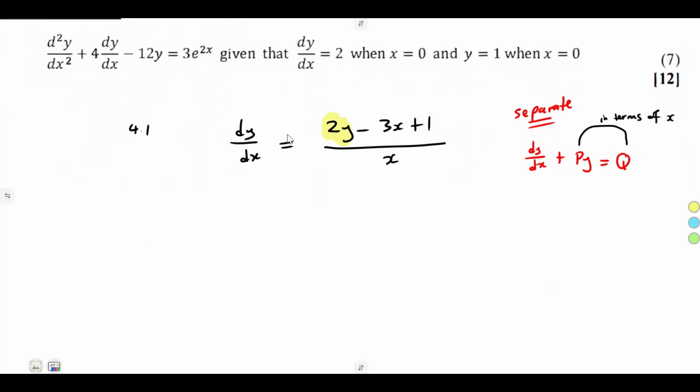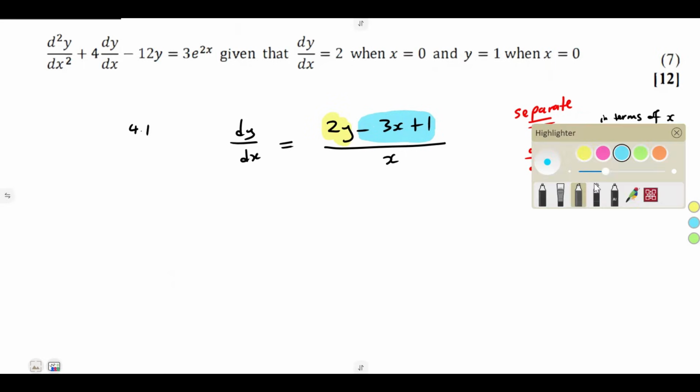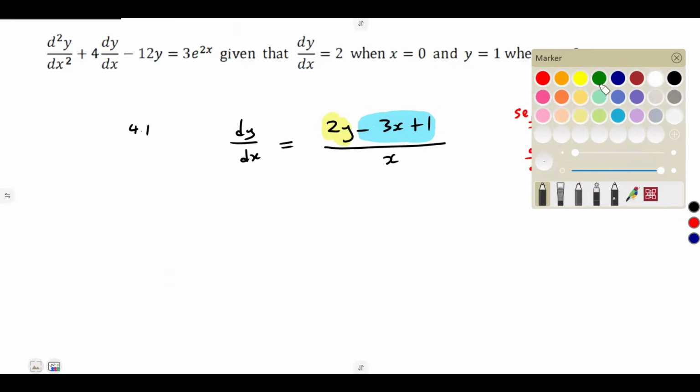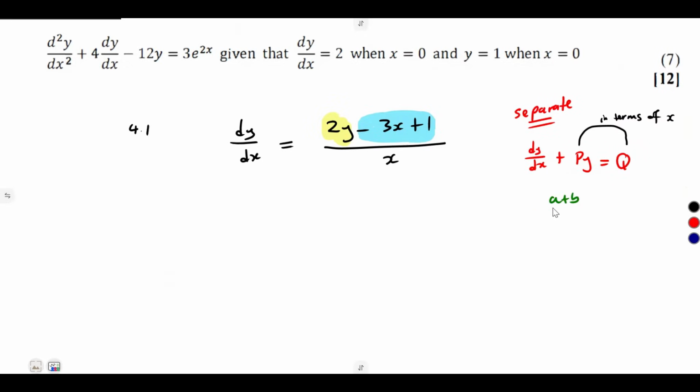So we can take the remaining part as a single term. It is an expression, but we are going to treat it as a single unit so that we can separate. Remember, I explained before, a plus b over c is the same as a over c plus b over c.